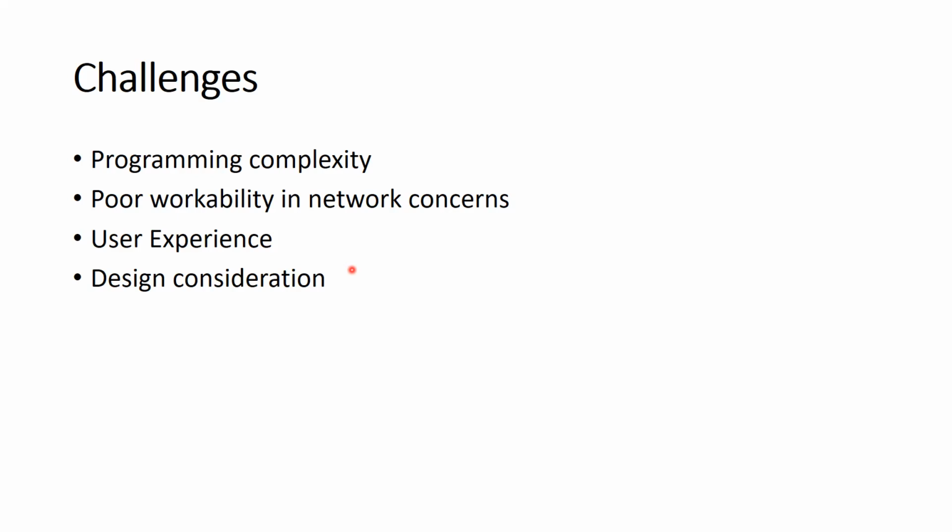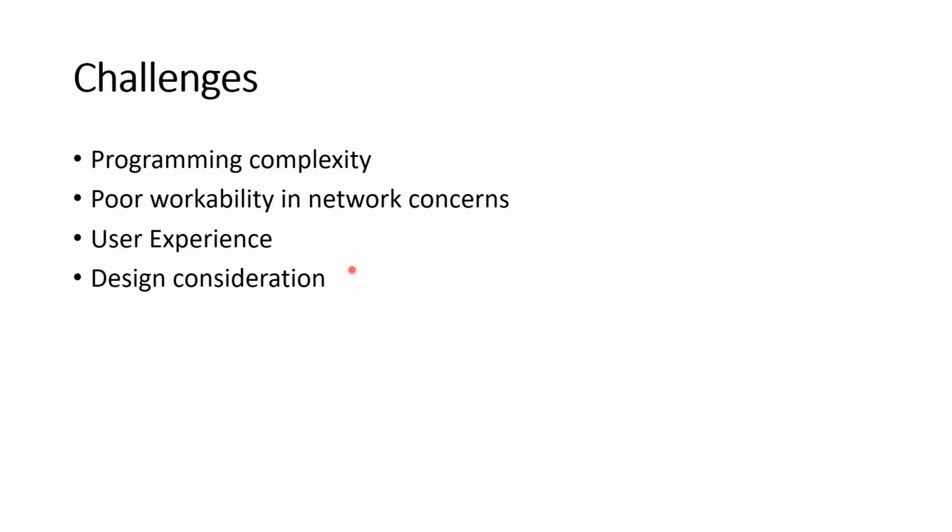The second challenge is poor workability in network concerns. Why poor workability? Now, this is not the programming part. This is in terms of a user point of view. If your network or your internet connectivity is not up to the standard, if it's not so efficient, it will not display things properly. For instance, I don't know if you've ever faced this.